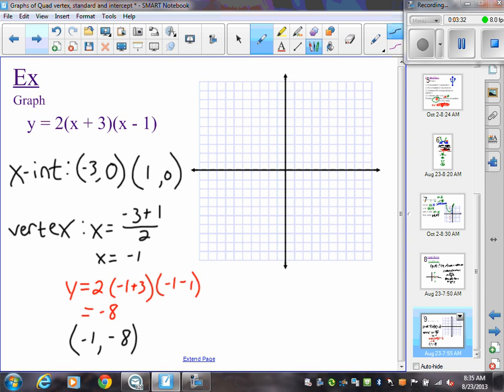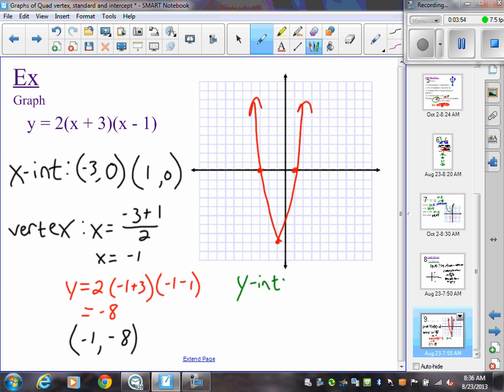Not always the best. I might want to do some work and get my y-intercept, which won't take very long either. I'm going to plot these 3 points and connect them, making sure they're not V's. If I truly wanted to find my y-intercept, remember my y-intercept is when x is 0.